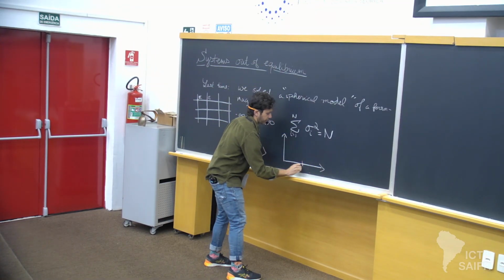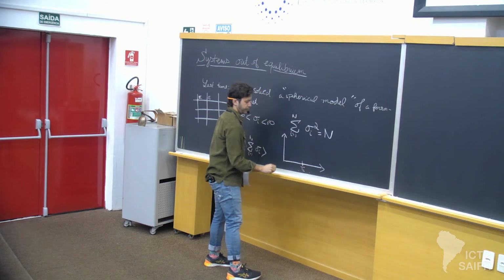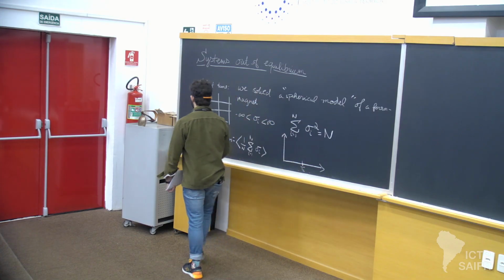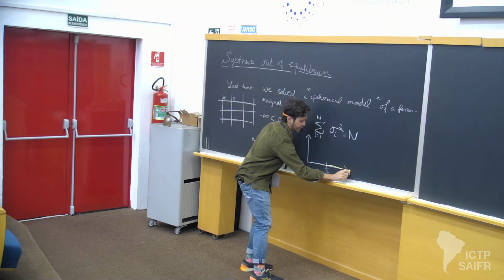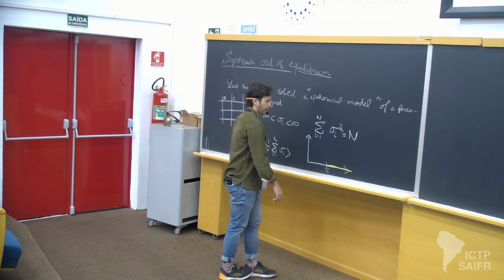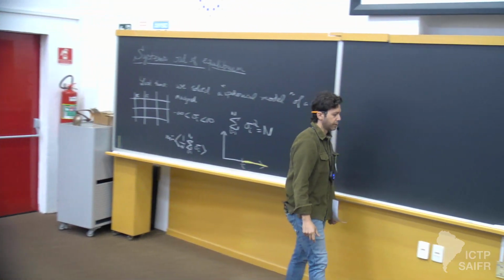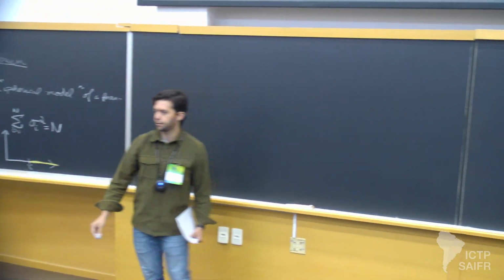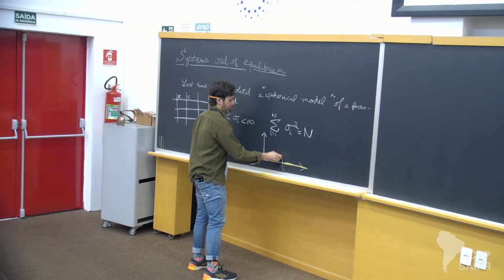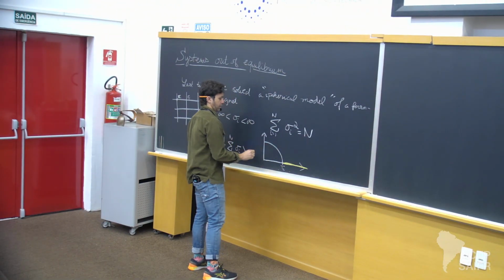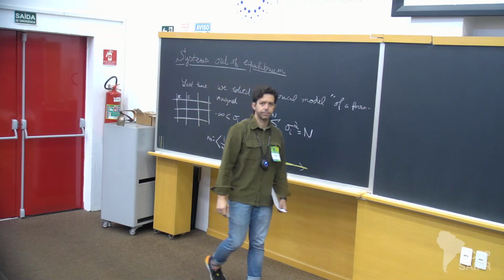As a function of t, there's a t critical. Above the critical temperature, the magnetization is exactly 0. And as you lower the temperature, all of a sudden this thing wants to spontaneously magnetize, and the magnetization goes like that.